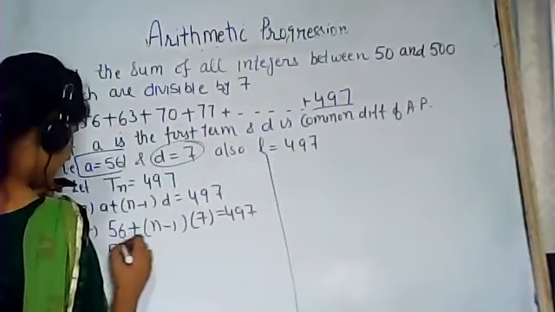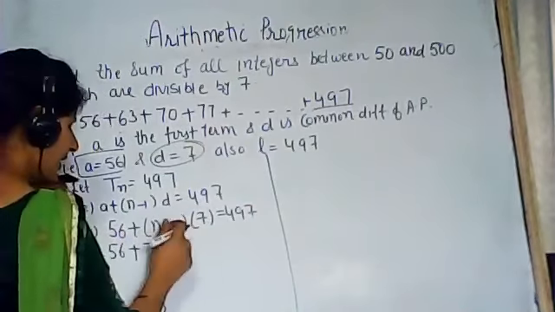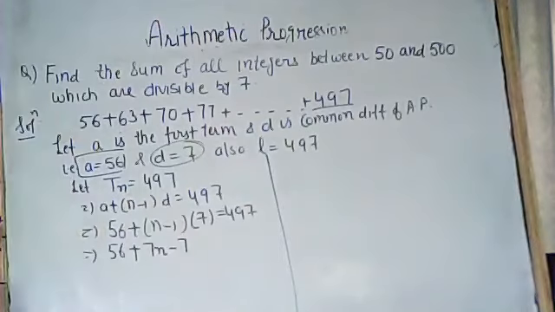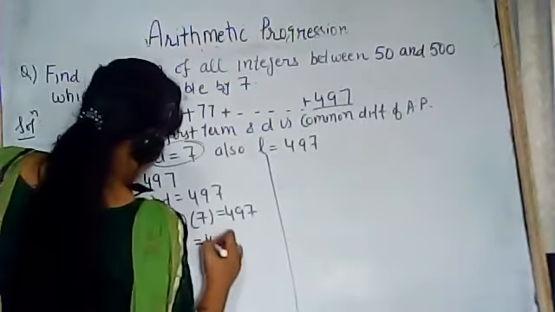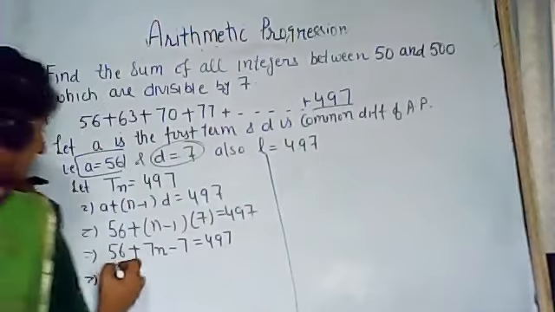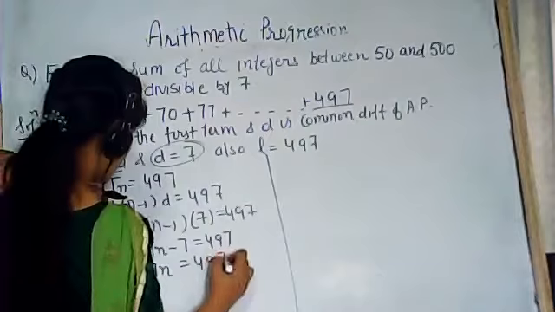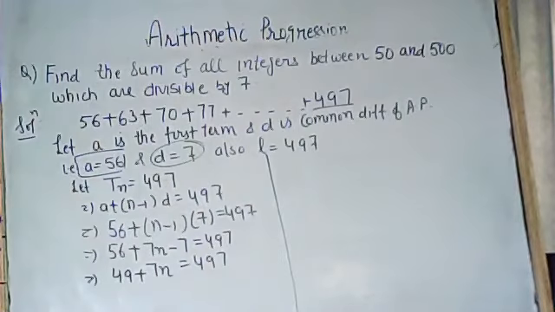You will get 56 plus 7 into n, which is 7n, and 7 into minus 1, which is minus 7. The right hand side will be the same. 56 minus 7 is equal to 49, plus 7n, and this is equal to 497.